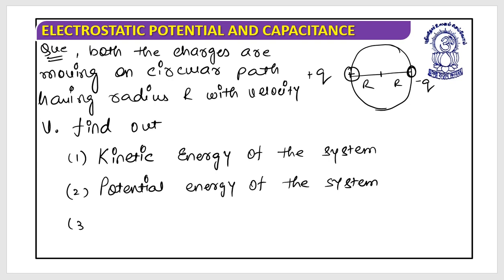And the third, the total energy of the system. This is the requirement. They require the potential energy, kinetic energy, and total energy of the system. So let's begin with this.